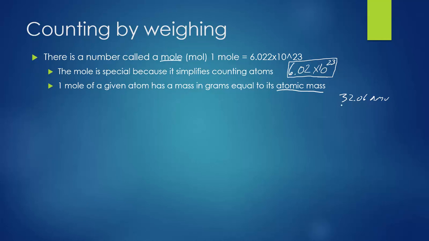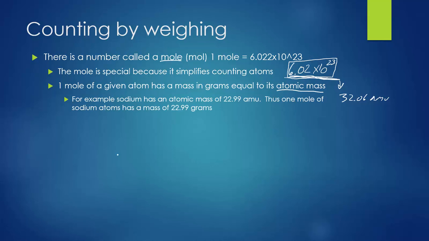That also means if we had 1 mole of sulfur atoms, 6.02 times 10 to the 23rd sulfur atoms, it would have a mass of 32.06 grams. Okay. So sodium, another example, has a mass of 22.99 AMU. That's its atomic mass.